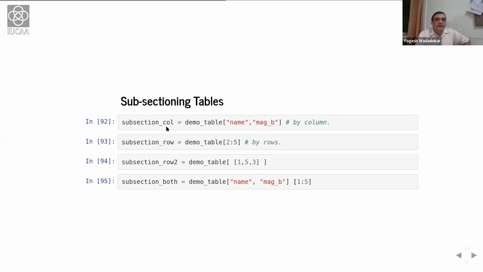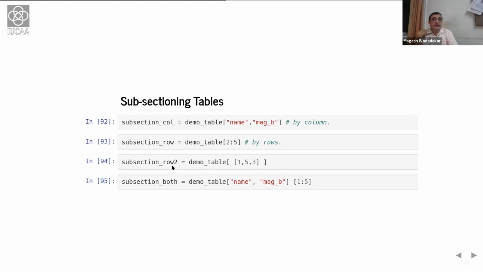You can create a subsection in this way by specifying any number of columns that you're interested in via their names. If you want specific rows to be picked up, you can make a slice like this. Start with 2, which means the third row, and show me the third, fourth, and fifth rows. Remember, indexing starts with 0 in Python.